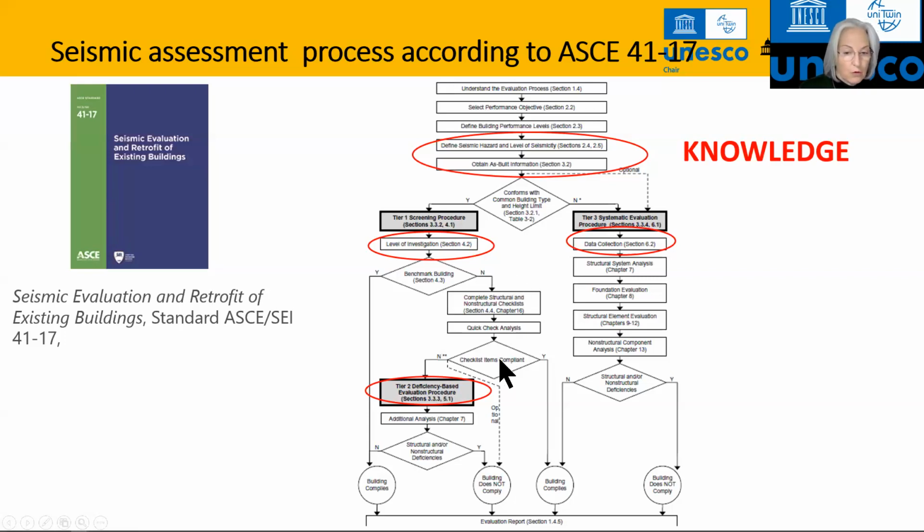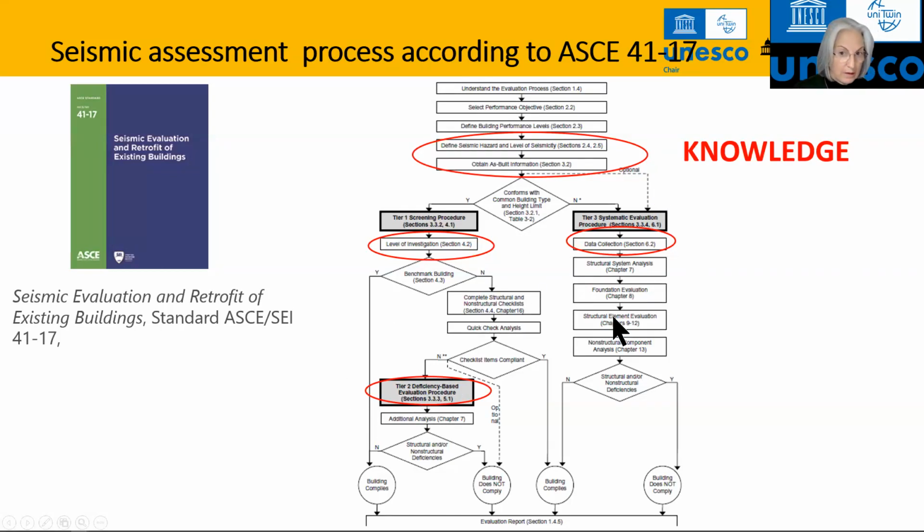or it doesn't conform with the compliance of a checklist, which you can find in 41-17, but different countries have different checklists, then one can engage in a tier 2 deficiency-based evaluation procedure, which is basically element by element and relates to the single structural element to identify the weak links.